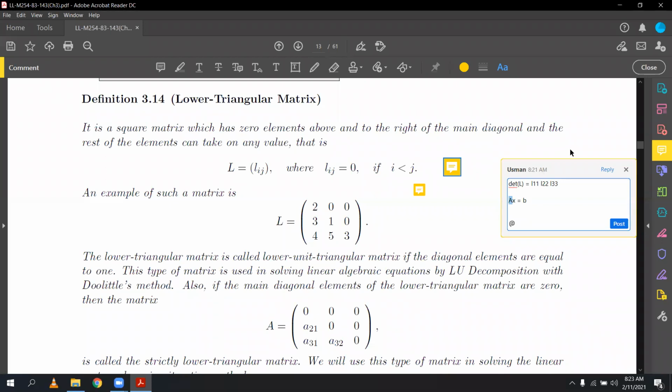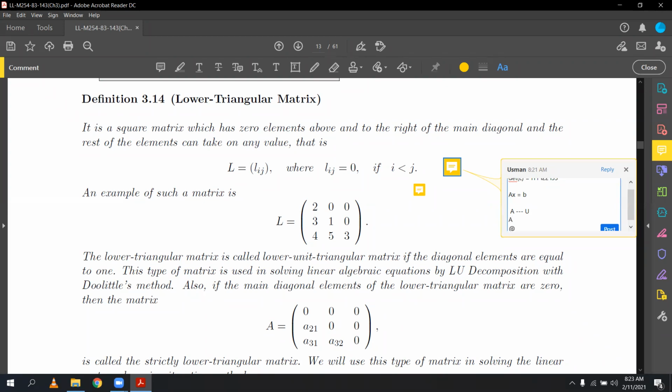So what we do here, inshallah, in chapter number 3, there are many numerical methods in the system of linear equations. What they do, they convert your A into what? The U, right?